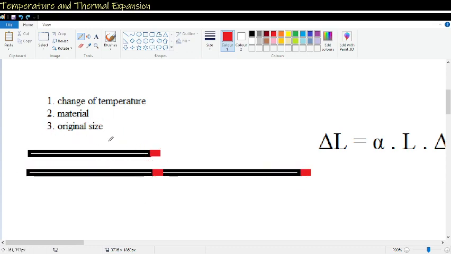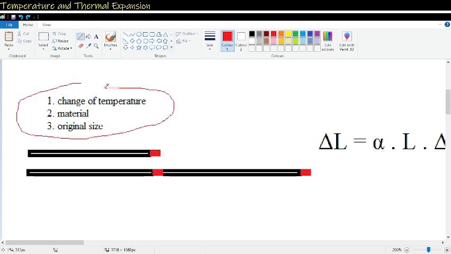The longer or the bigger the size of the object, the more it will expand. That's why thermal expansion affects a lot in construction, like big buildings or long railways, because they use huge or very long objects, and when they expand they will expand a lot.